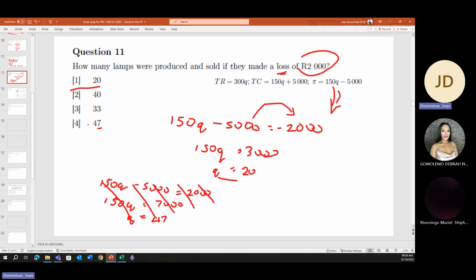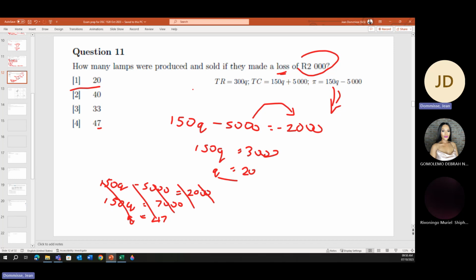Again, if I have in the exam a few different question sets for the students, this might be one where to one group they say made a loss, and to another group they say break even, and to another group they say made a profit of.